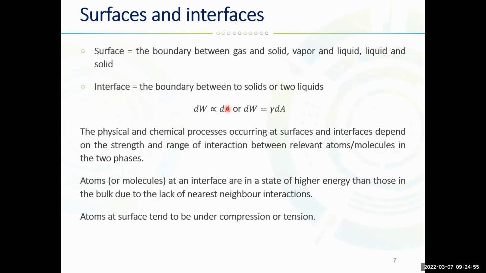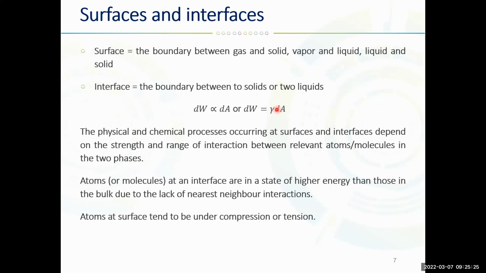So what we then say is that the amount of work required to generate a surface with the area dA is proportional to it, so these two variables are proportional to one another. And here we introduce some constant gamma, which is referred to as the specific surface energy of the system.